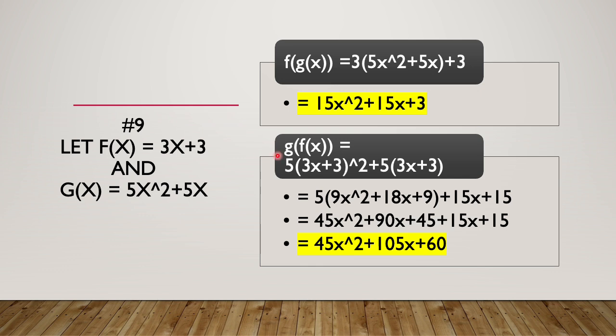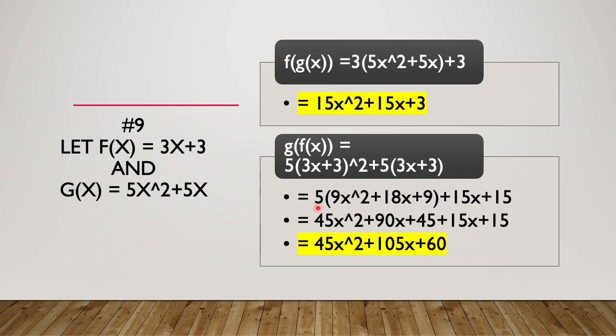Then when we plug f of x into g of x, we get 5 times 3x plus 3 squared plus 5 times 3x plus 3. First we multiply 3x plus 3 times 3x plus 3, which gives us 9x squared plus 18x plus 9. At the same time, we can distribute this 5 to 3x plus 3, which gives us 15x plus 15.